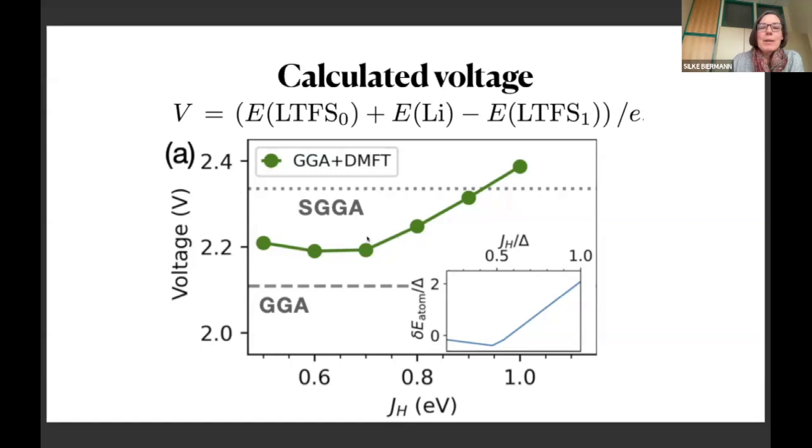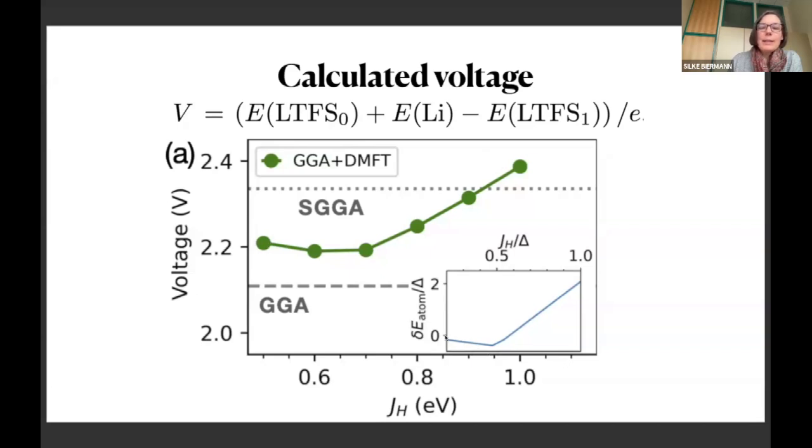In GGA plus DMFT, again, we have a strong dependence on the Hund's coupling. We approach the experimental value, which is, as I mentioned, just below 2.5, so 2.48 something, which is nearly reached for the relatively large values of J. But what is even more interesting is the comparison of the shape of this curve, voltage as a function of Hund's coupling, with what you would get at the atomic limit.